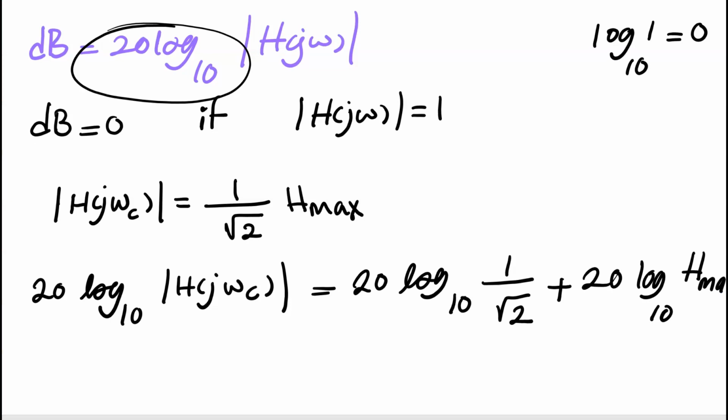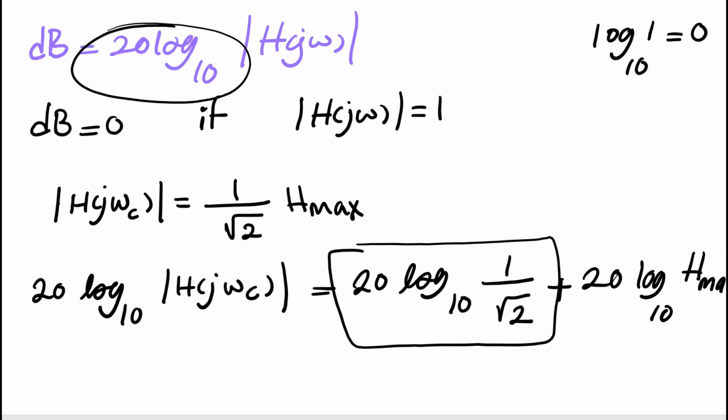Now, this is a nice representation of how you can find your cutoff frequency. This term, 20 log base 10 of 1 over radical 2, is a constant number in front of your logarithm. If you calculate this, you're going to have minus 3 decibel.